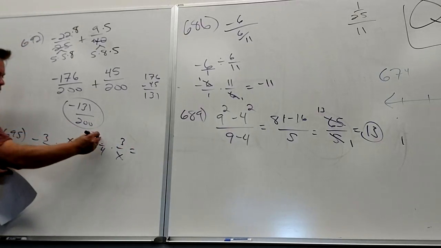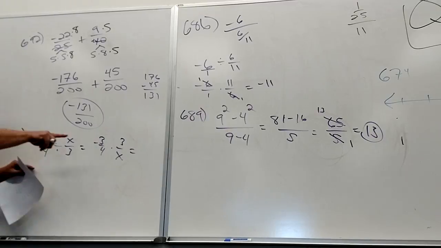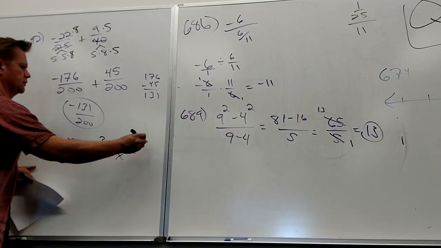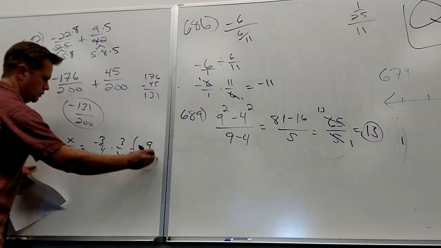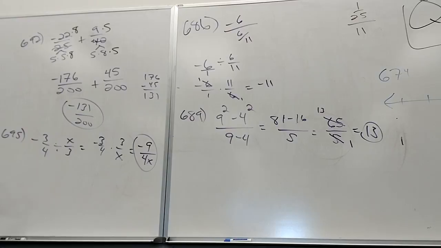No. Negative 3 times 3 is negative 9. 4 times x is 4x. Done. Only the 9's negative or the whole problem?